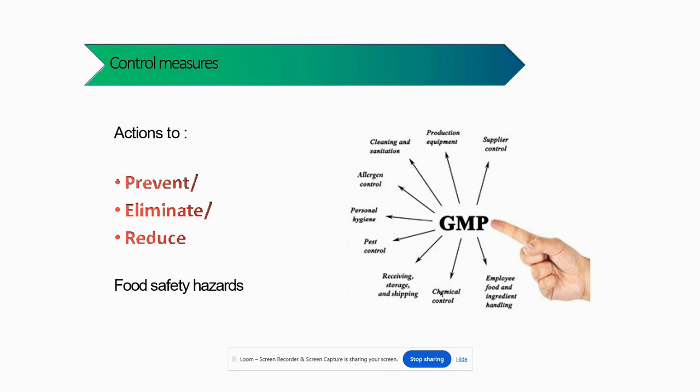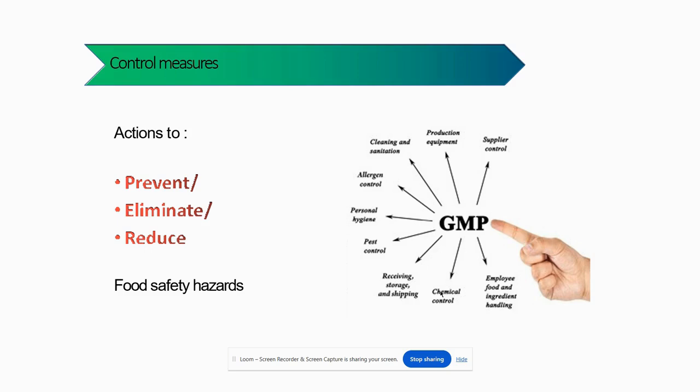Also maintaining production equipment with proper maintenance documents, then having good supplier control, sharing the raw material specification and getting the certificate of analysis from the supplier to ensure the raw material, ingredients or packaging material falls as per our requirement, to ensure the regulatory compliances are met.